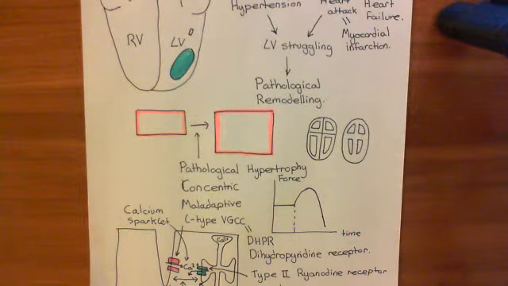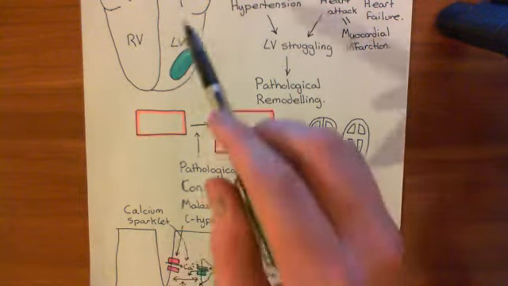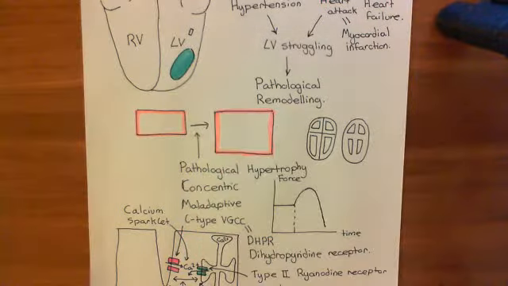And gradually, as more and more of the left ventricular wall becomes these hypertrophied cardiomyocytes, the ability of the left ventricle to contract and generate force gets lower and lower until eventually the cardiac output, the amount of blood that the left ventricle is ejecting into the aorta in a minute, gets so low that it's unsatisfactory.